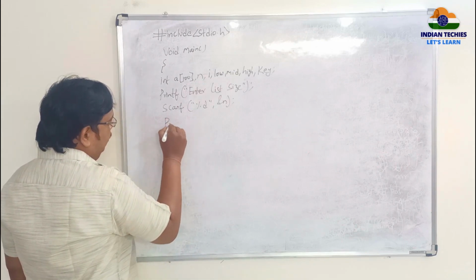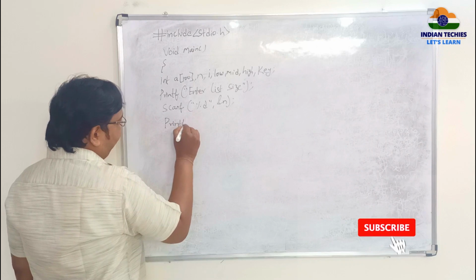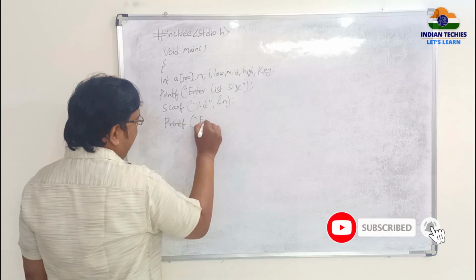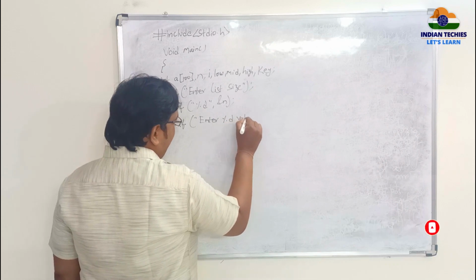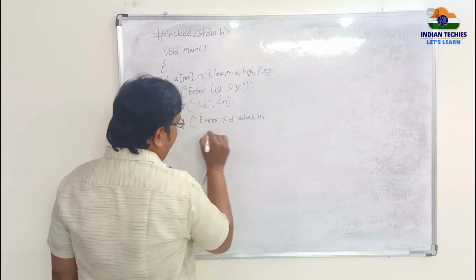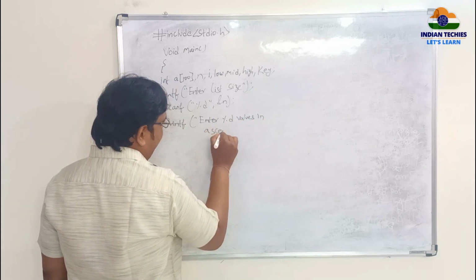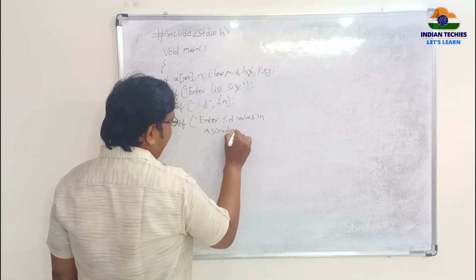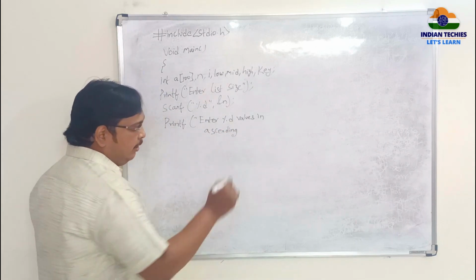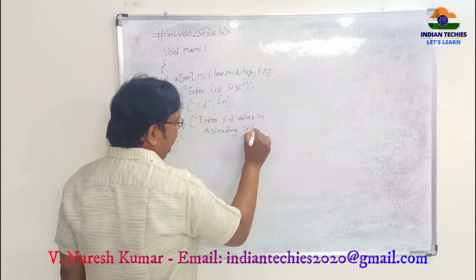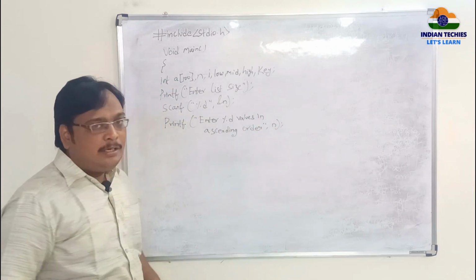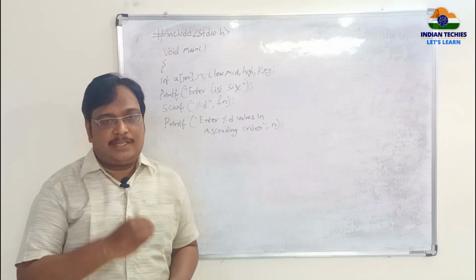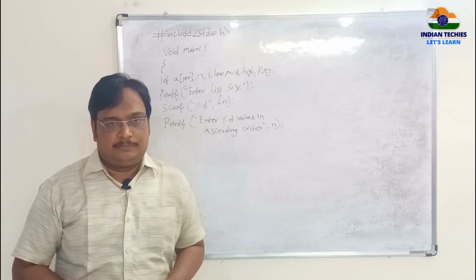Now printf "enter %d values in ascending order", n. We are not writing logic to make the values ascending, so we have to enter the values in ascending order.